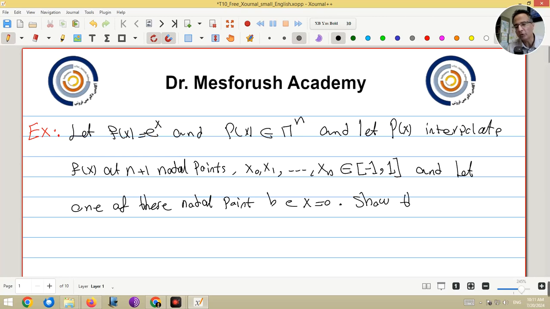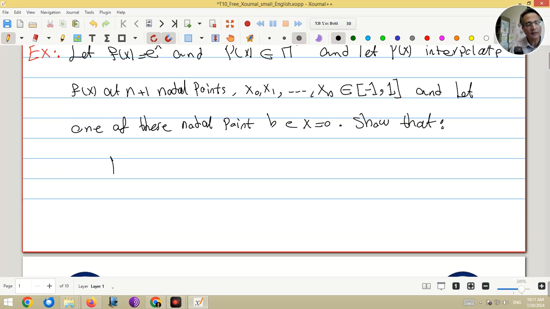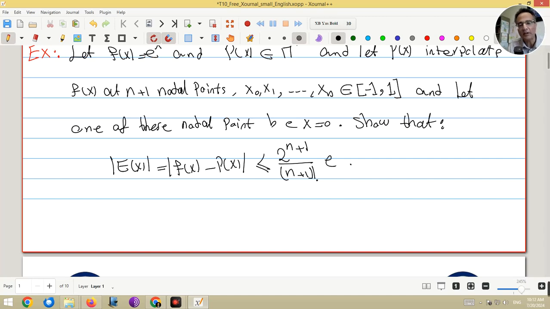I want to show that the absolute value of e(x), which is the error, I mean the difference between f(x) and p(x), is less than or equal to 2^(n+1) over (n+1)! times e.